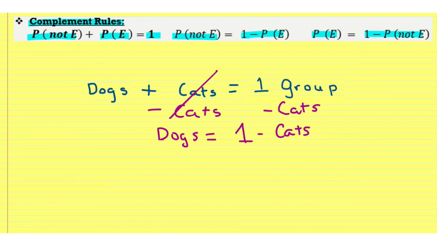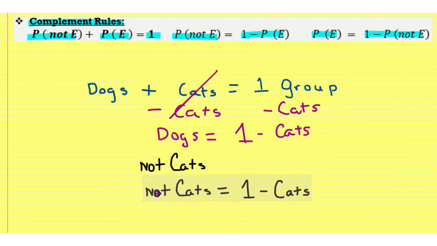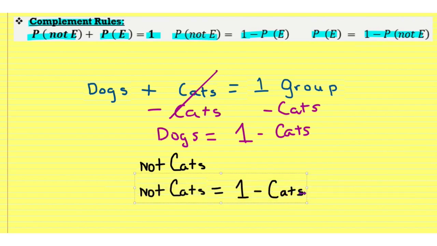Now let's think about this. Are dogs cats? No, they are not cats. So could we technically call the dogs "not cats"? Yeah, we could. We could say dogs are not cats. So then we could say not cats are equal to 1 minus the cats. I want you to see that there's a correlation here.